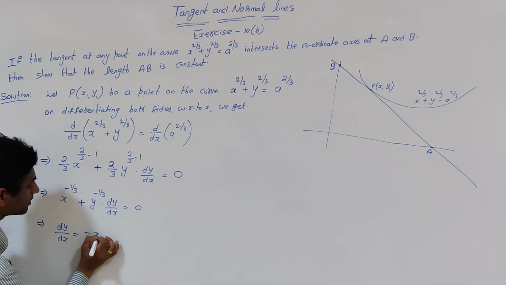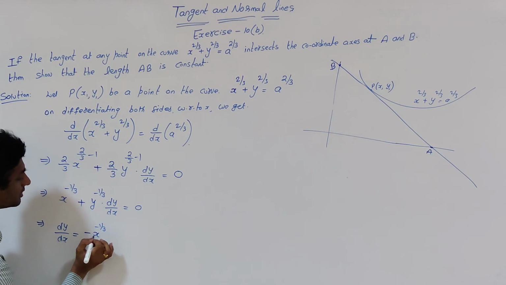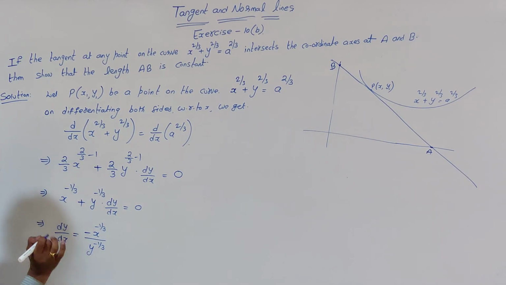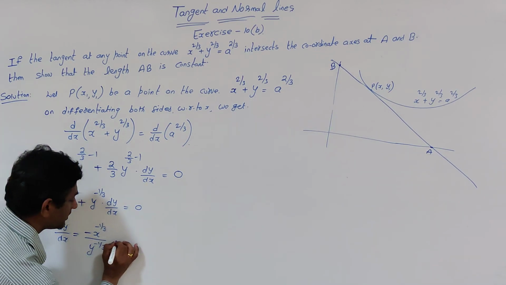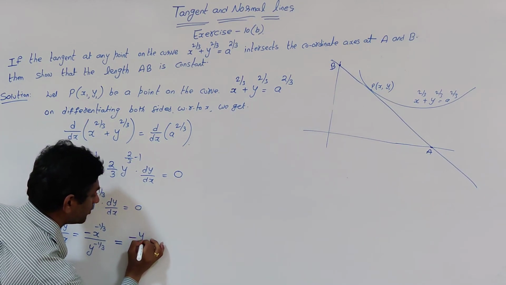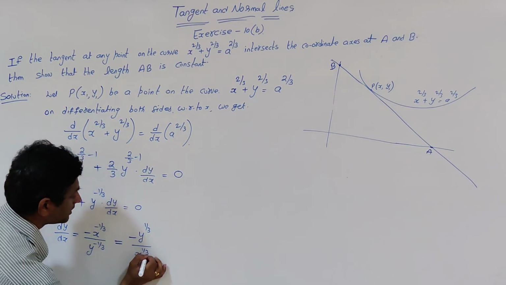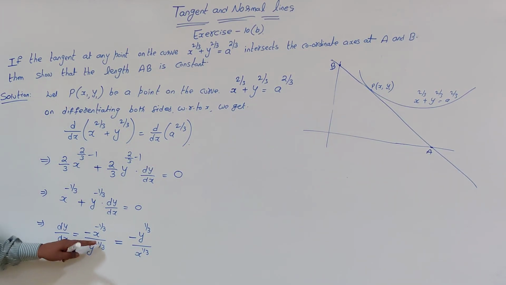Minus x to the power of minus 1 by 3 by y to the power of minus 1 by 3, or we can say minus y to the power of 1 by 3 by x to the power of 1 by 3. I have just taken the numerator to the denominator and the denominator to the numerator. Now at what point do we require this slope?